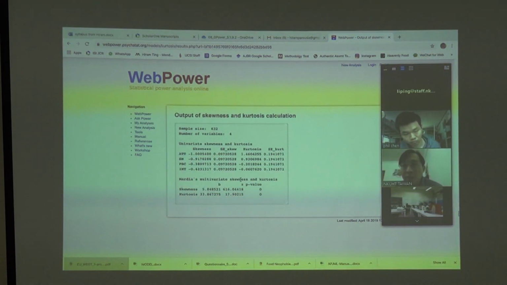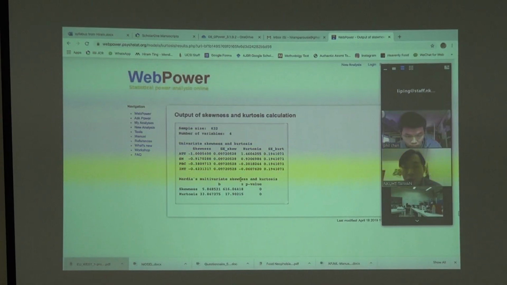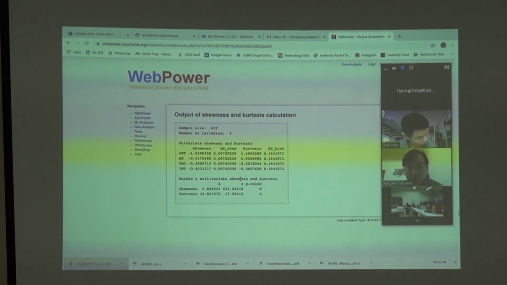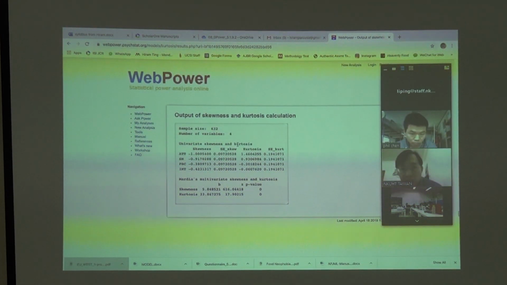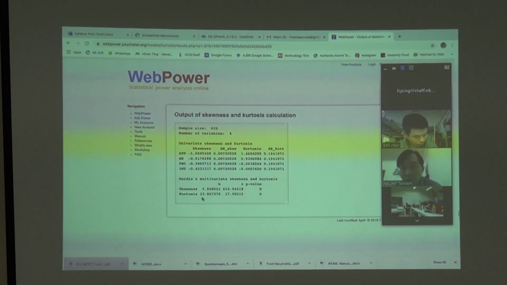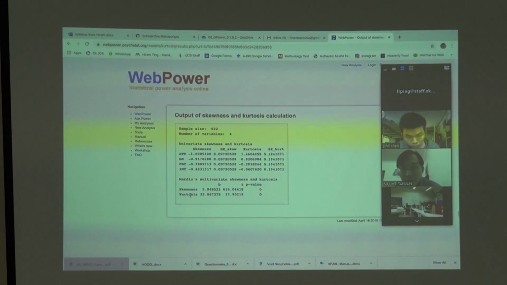Then you can consider whether to throw the questionnaire away, because he might not have done it properly. By chance he got some answers correct, but there are many weird data. So you can throw it away. In this case, we look at Mardia's multivariate kurtosis.